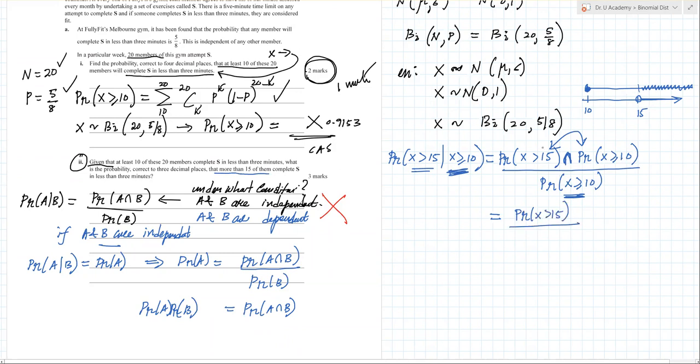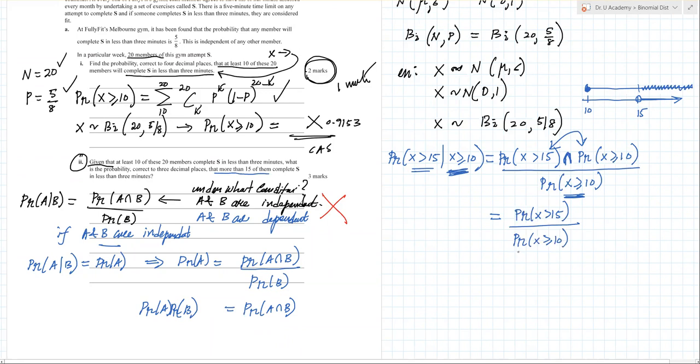Because when you visualize it, your domain is obviously greater than 15. Greater than, not equal, because it should be common to both. So this and this both should satisfy. So you can see the line, and you can conclude that probability x greater than 15 is your numerator value. Okay. Lavinia, got it?